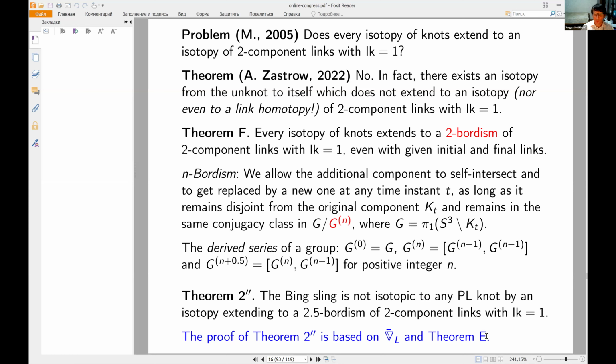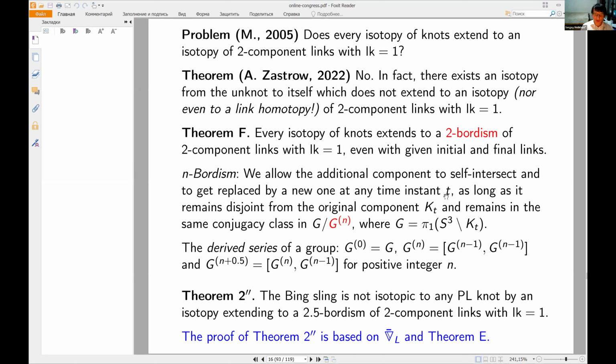And this theorem requires this geometric description of some of the coefficients of the reduced two-variable Conway polynomial, which we had a few slides ago. So here in the previous theorem we have two-bordism, and here we have 2.5-bordism. If this were the same number, then again Rolfsen's problem would be solved just as a consequence of these two theorems.